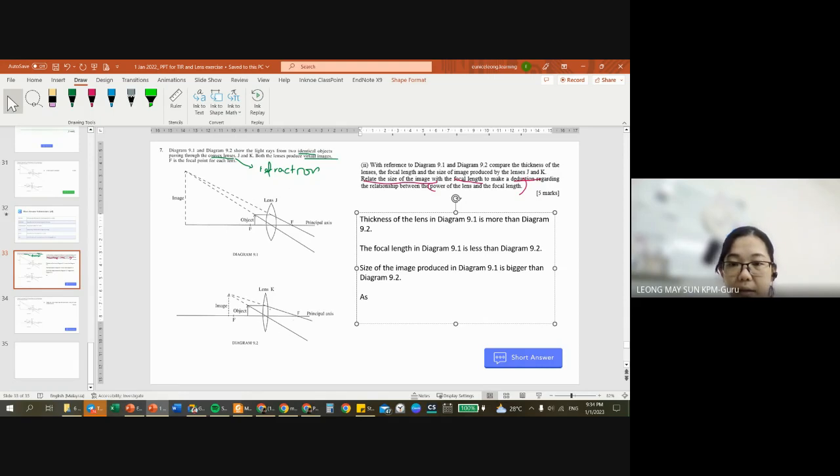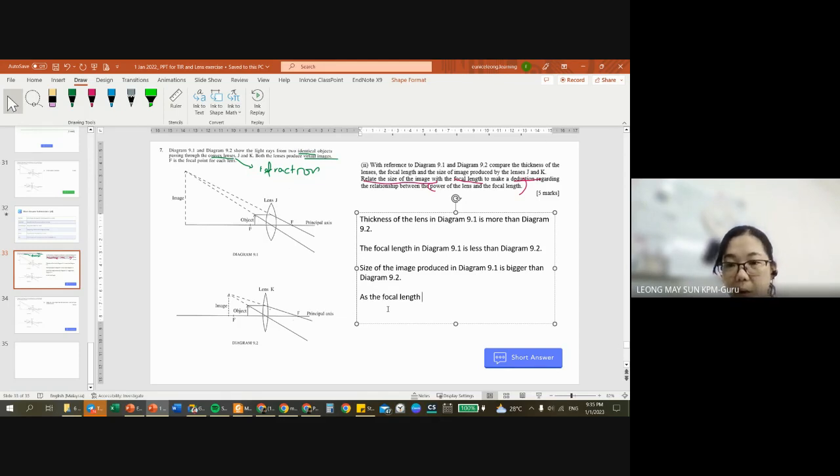So as you can see here, I wrote size of image in 9.1 is bigger. And the focal length in 9.1 is less. So I would say the cause is actually the focal length. The focal length is the reason the size changes.